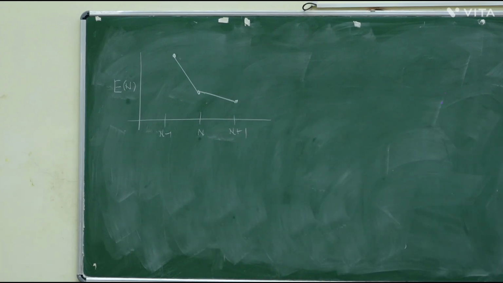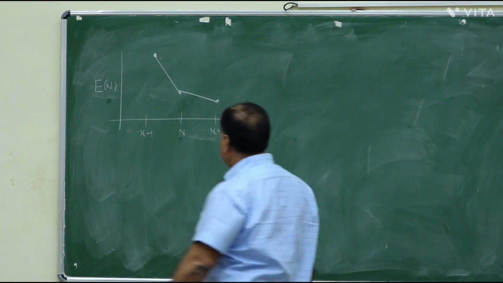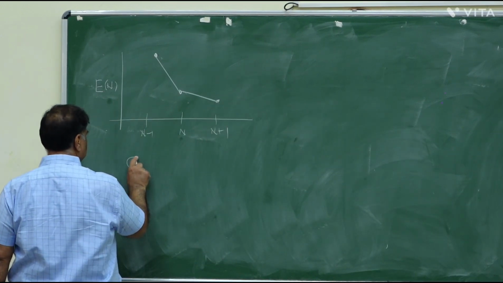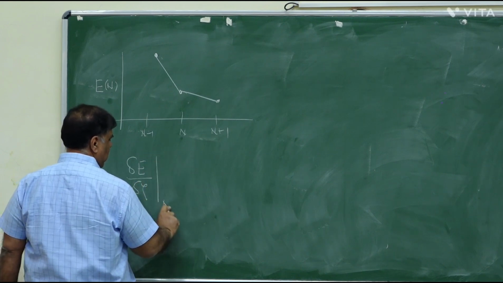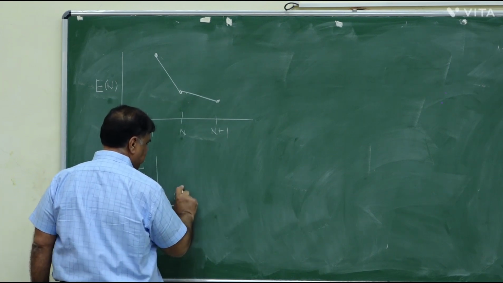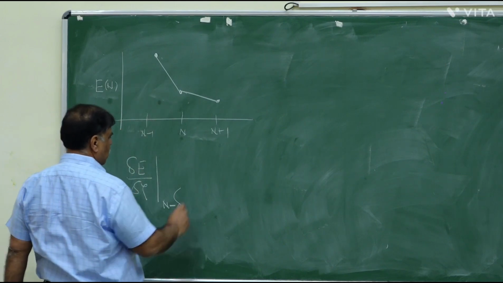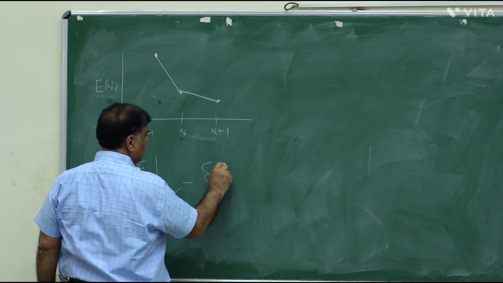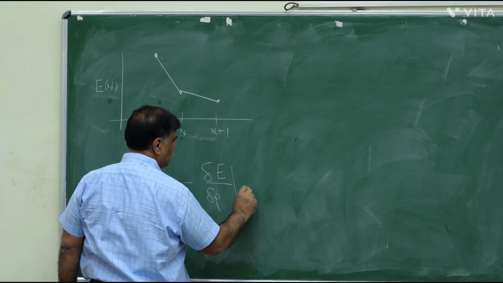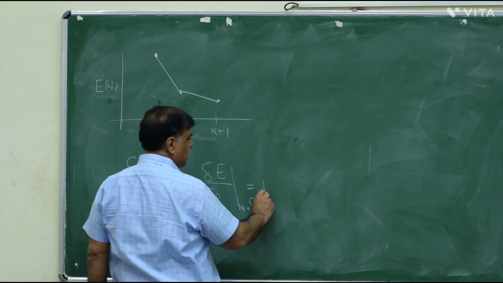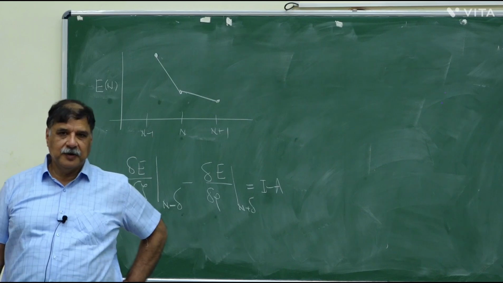And therefore, what we learned, I forgot to chalk it, but it's okay, we'll do this in white. Delta E, delta rho, for N minus some small number delta, minus delta E, delta rho at N plus delta is equal to I minus A. Is that okay?